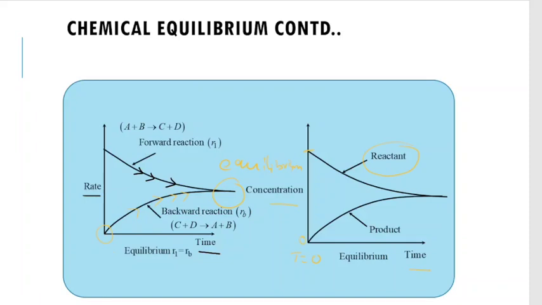With time, slowly A and B are consumed, hence concentrations are decreasing. Slowly, with time, C and D are formed, hence the concentrations of C and D are increasing. That means products are increasing, and at a particular stage, the concentrations of both reactants and products become constant.